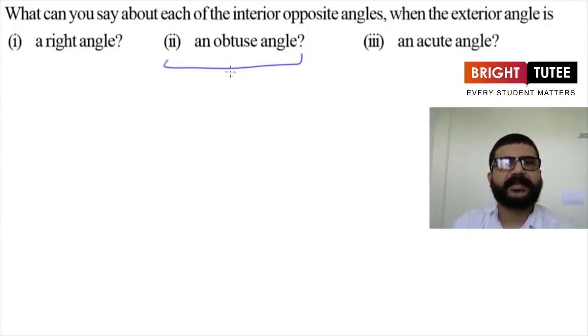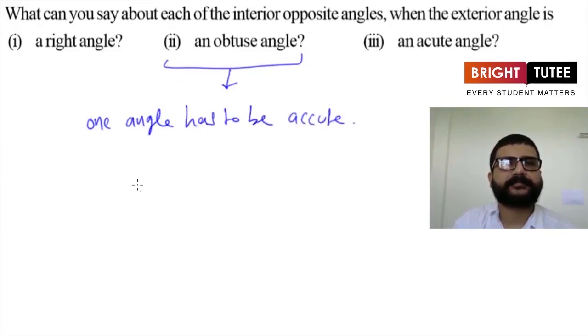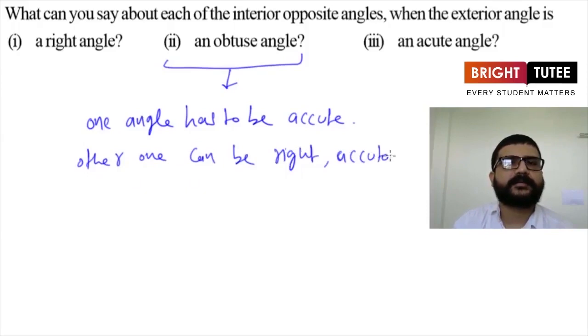So for this we can say one angle has to be an acute angle and the other one can be right, acute, or obtuse angle.